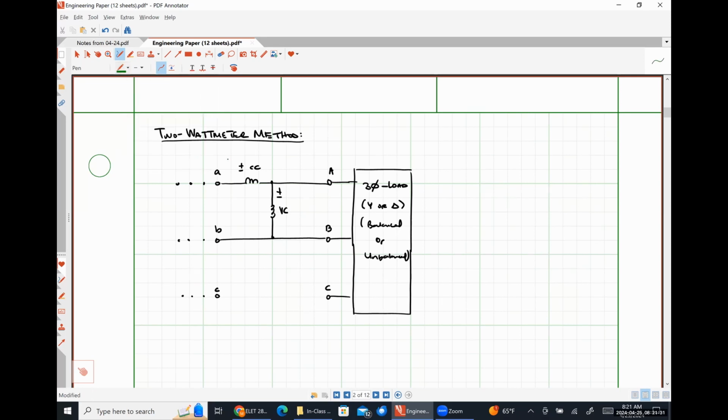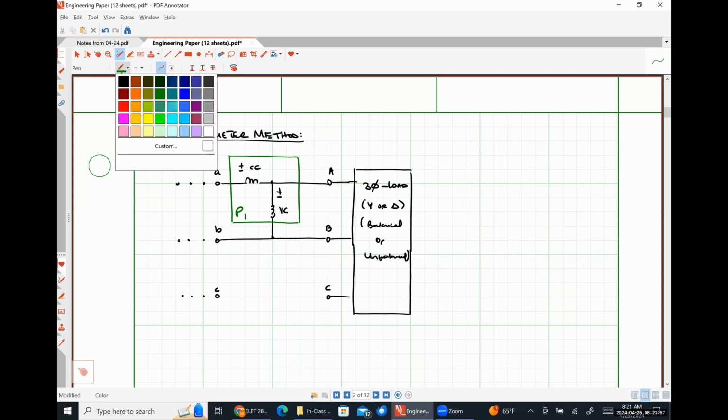So this is watt meter number 1. And it's going to give us some average power reading, which I'm going to call P1. I'm not going to call it PA, B, or C because it's not really for the A, B, or C phase. It's just some average power in the system, and we're going to mathematically define it here in a moment.